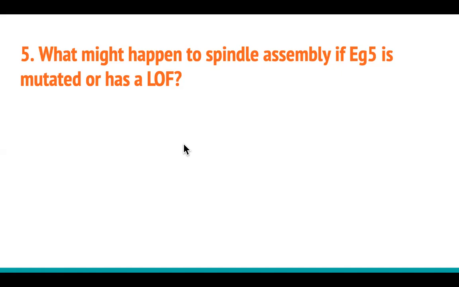If egg5 is mutated or has a loss of function, basically all the microtubules will collapse on top of one another. So the spindle assembly won't disassemble, but they'll just collapse.